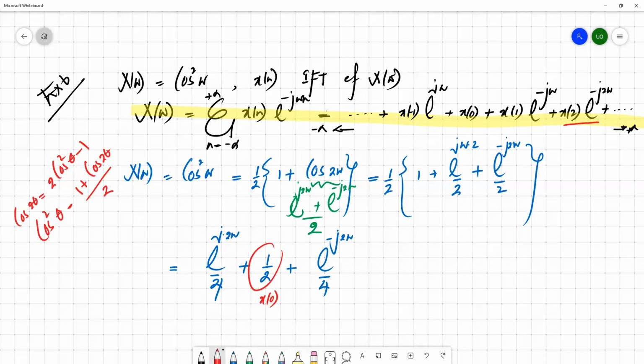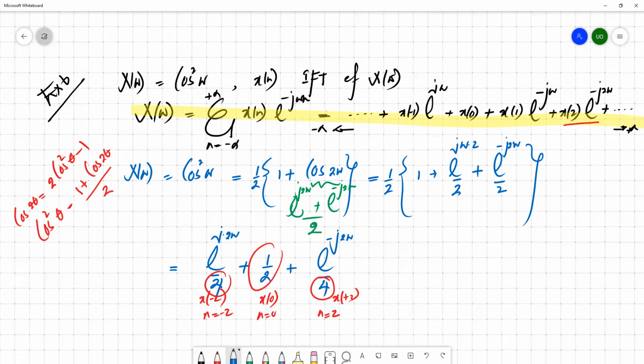This is the term at n equals 2, and the pre-factor is 1 over 4. This is again x[minus 2], n equals minus 2, and the factor is again 1 over 4.